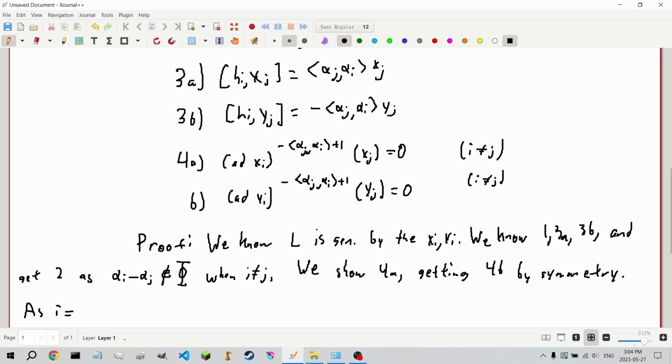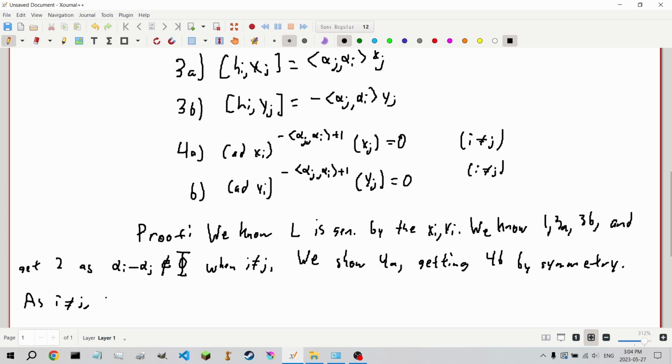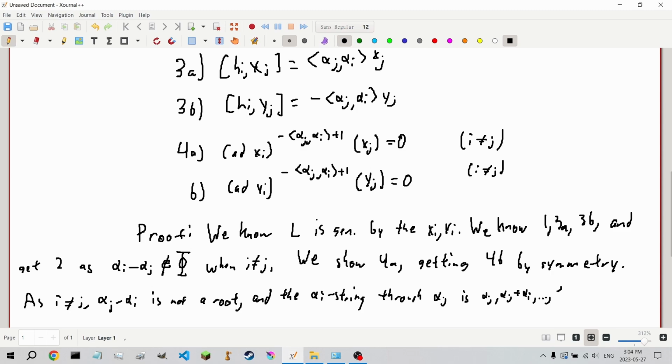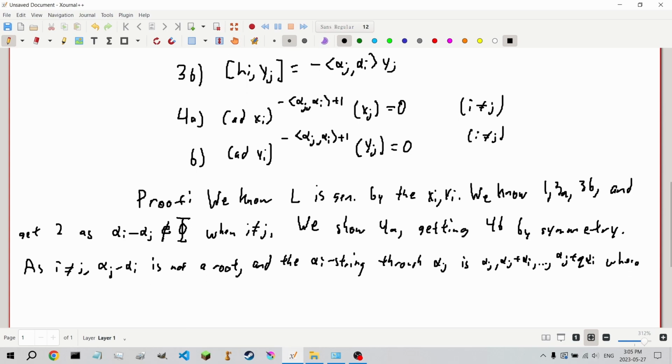Since by assumption i is not j, alpha j minus alpha i is not a root, and the alpha i string through alpha j is alpha j, alpha j plus alpha i, up through alpha j plus q alpha i, where q is the negative angle bracket alpha j alpha i.